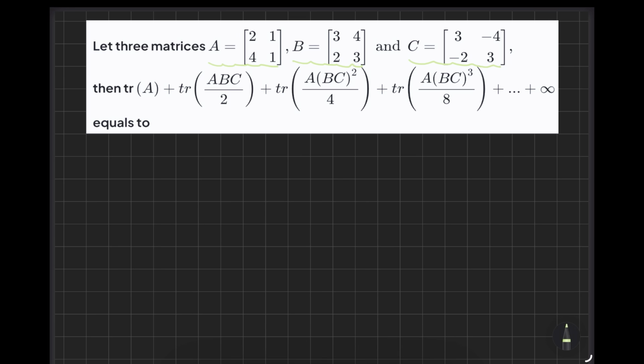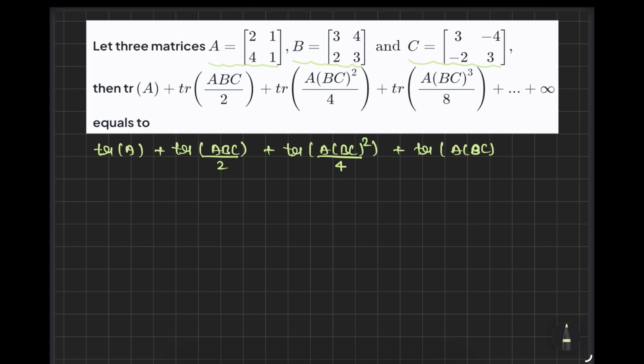They are trying to find out the trace of A plus trace of ABC by 2 plus trace of (ABC) square by 4 plus trace of... This is a very unique question, and I feel that you guys have studied the property of trace, okay, and this thing is going till infinity.